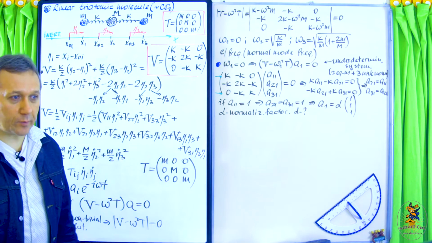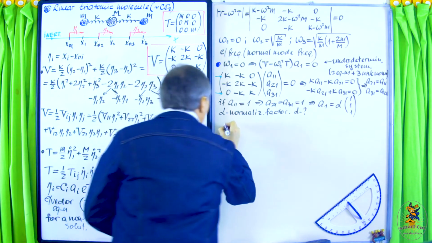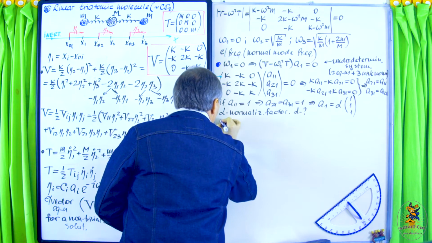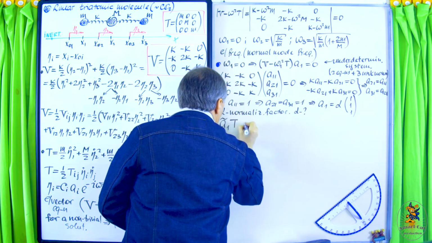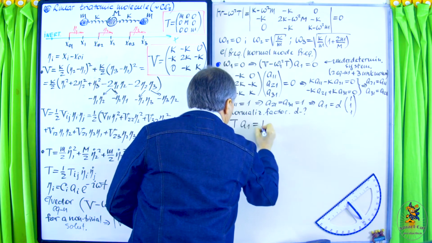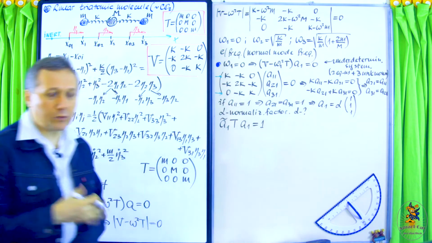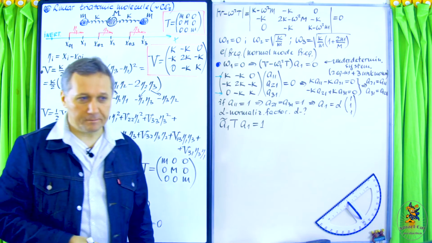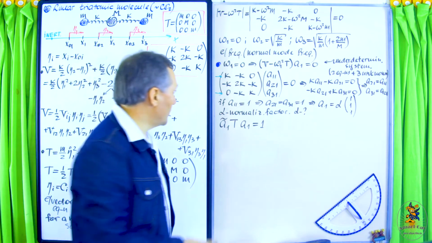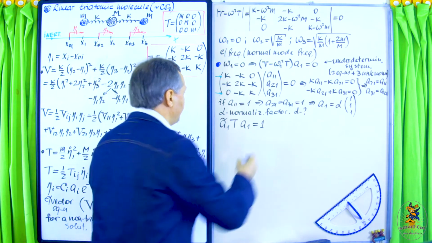And we have the normalization procedure, which is A1 transposed times A1 equals 1. That 1 on the right hand side is just the number 1, right? Okay, so now let's write that explicitly.